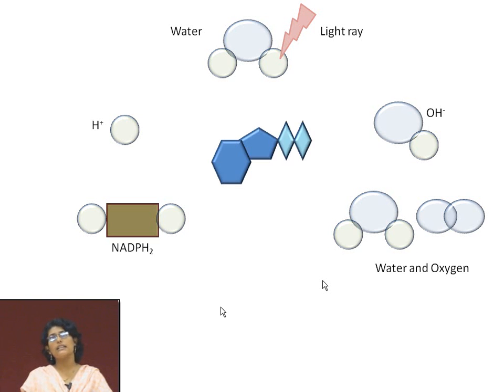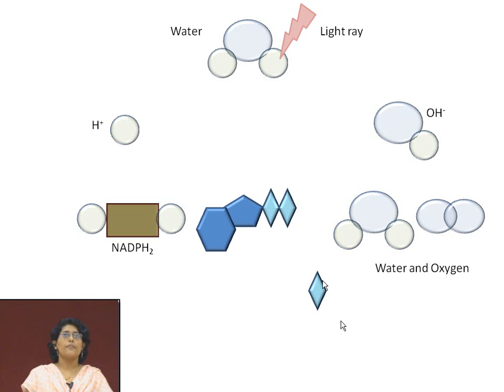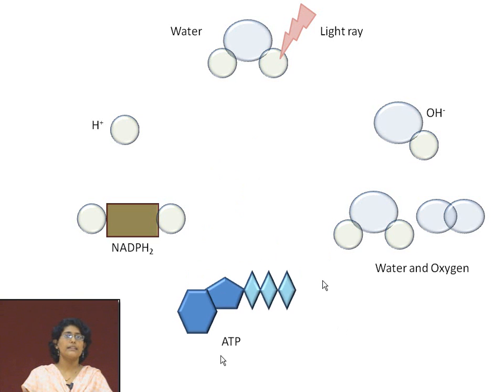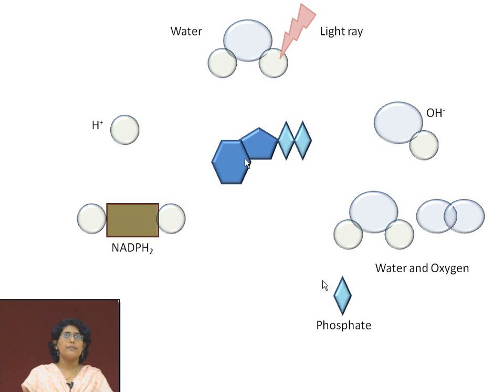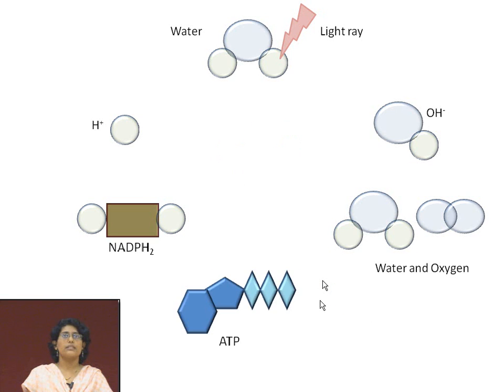During all these reactions, ADP molecule binds with another phosphate molecule to form ATP, that is adenine triphosphate. So during the light reactions, what are the main products produced? That is NADPH2, the reducing agent, ATP, the high energy molecule, and gaseous oxygen is also released.